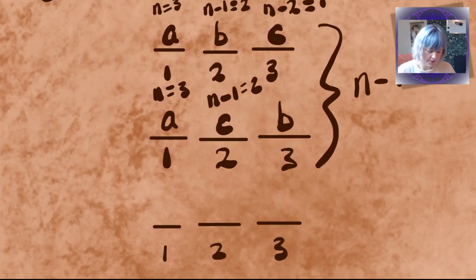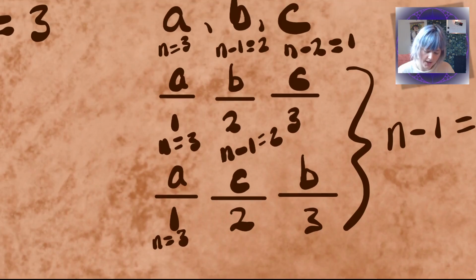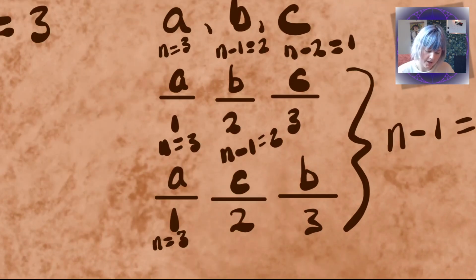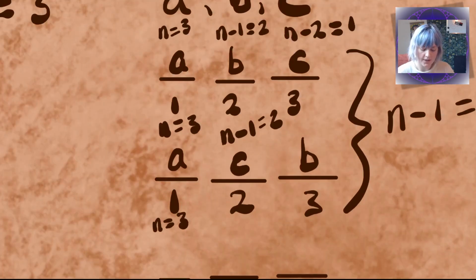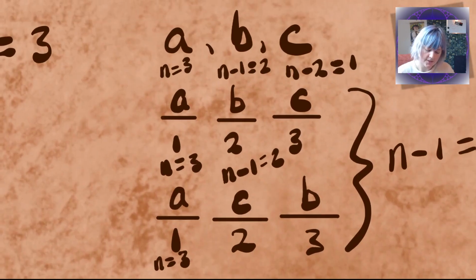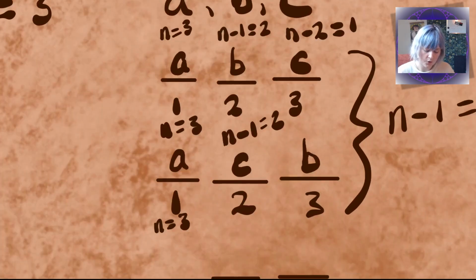So I would love to choose A again here, but I know that I can't because I already chose A in the first position. And if I choose it again, I'm not going to get a unique variation because when you have this n minus 1 equals 2 here, that just means that you're going to have two arrangements, because I have two elements and the only thing I can do is swap them, right?